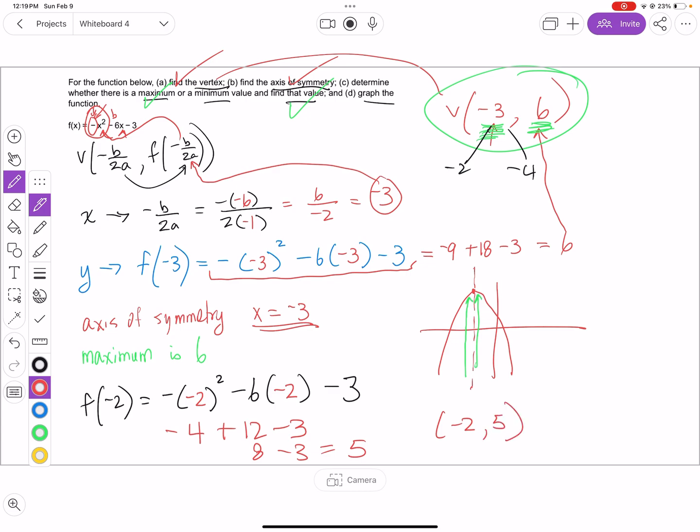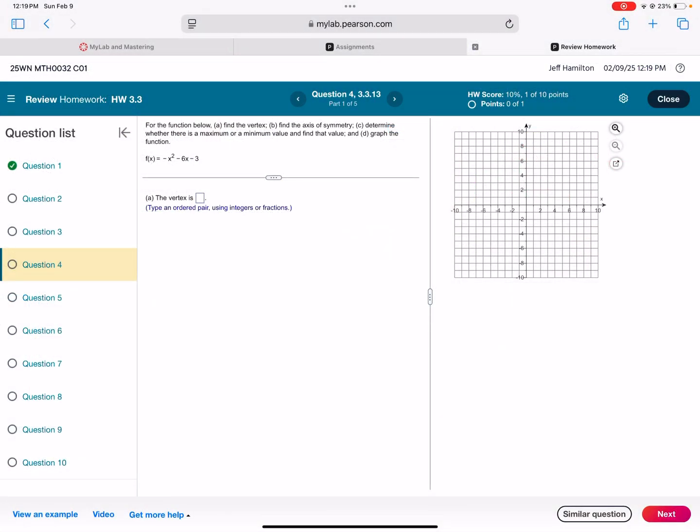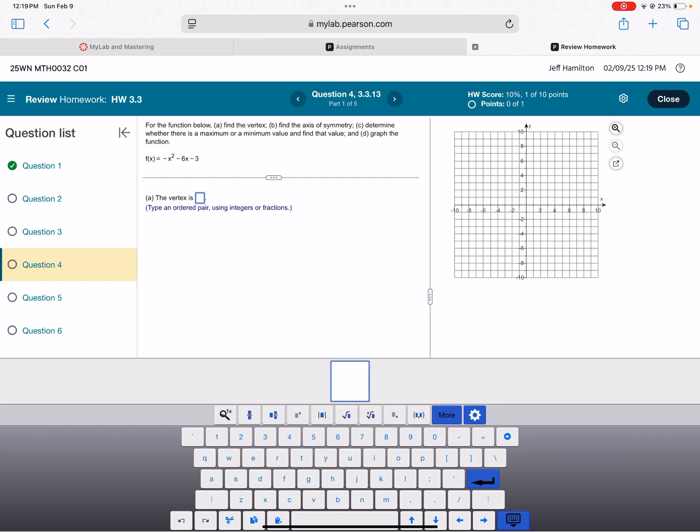Okay, so now let's try and graph that thing. I better put all my stuff in. Sorry, I didn't do that. So my vertex was negative 3, comma 6, bracket.